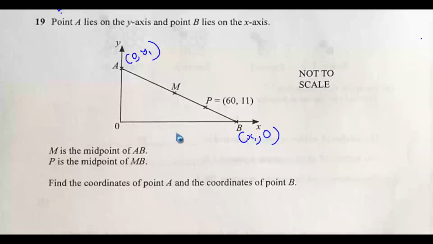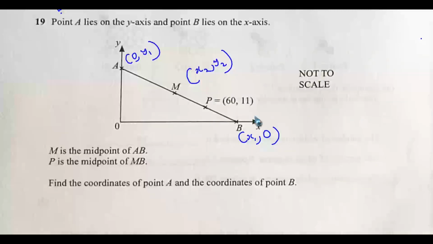So this is what we have here. And for the coordinates of point M, we can just put x2 and y2 here, just to differentiate the coordinates from one another.